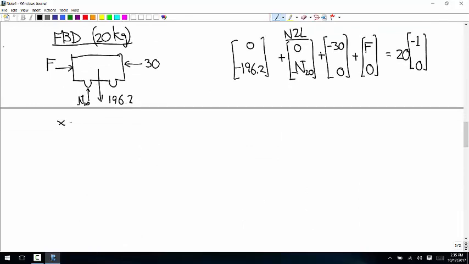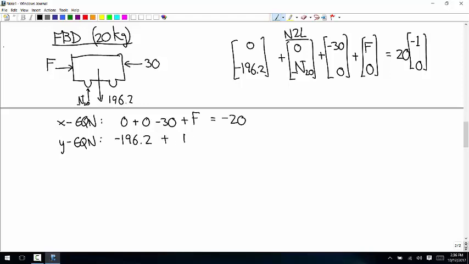So this gives us an x equation and a y equation. The x equation says 0 plus 0 minus 30 plus F is equal to negative 20. And the y equation says negative 196.2 plus N20 plus 0 is equal to 0.